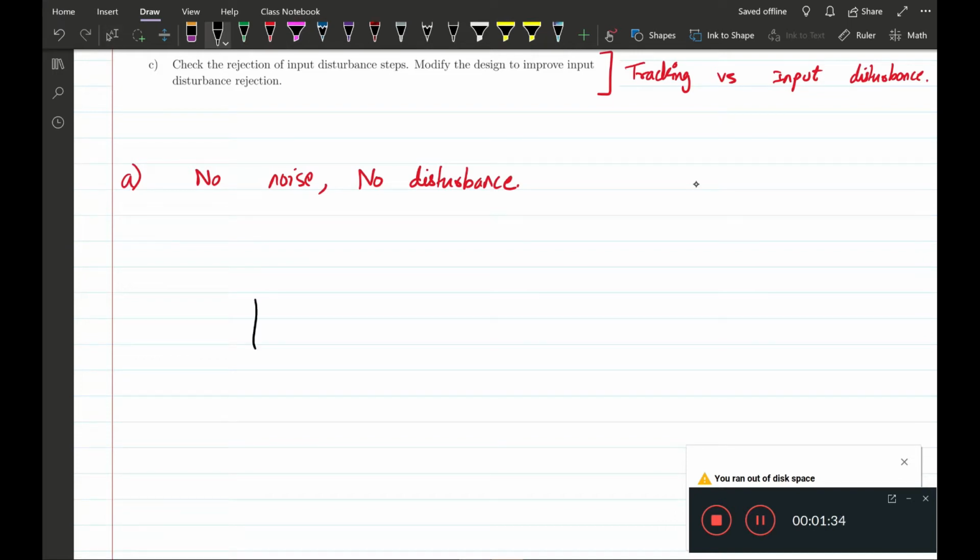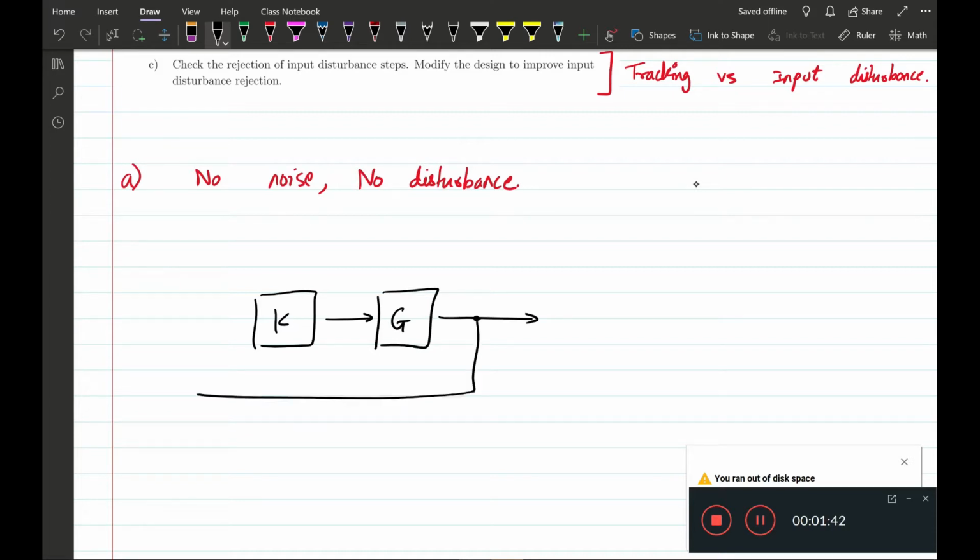So we have a loop like this, so that is our loop, and we're looking for a controller K that achieves good tracking. That's tracking is the only goal for this part. By the way, this is negative feedback.